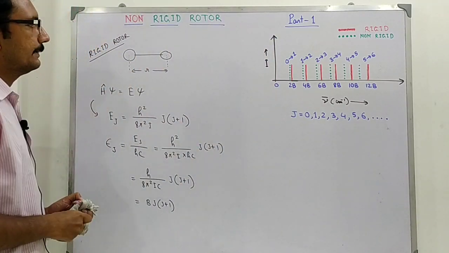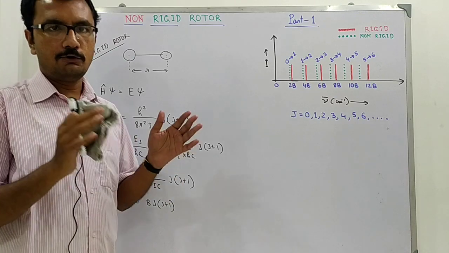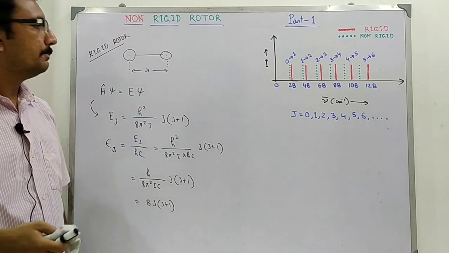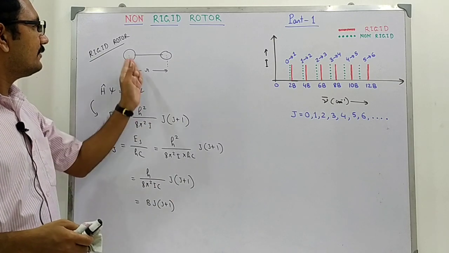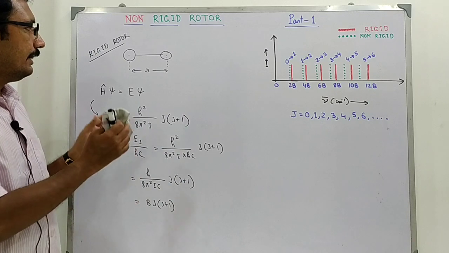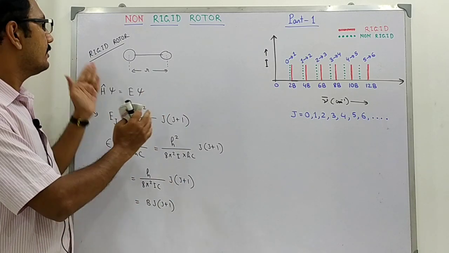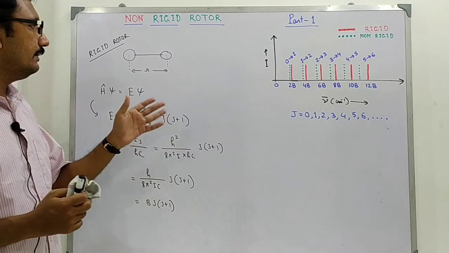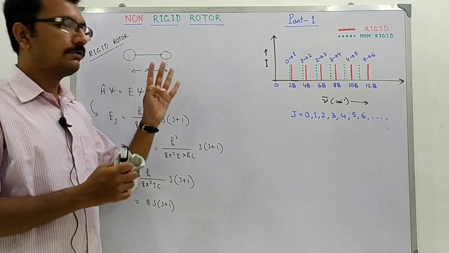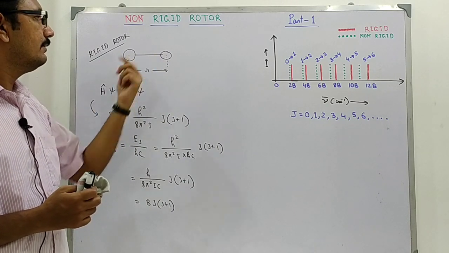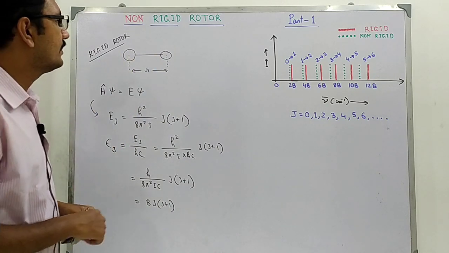Now do you think that a rotor will remain rigid while rotating? The distance between the two nuclei is considered to be constant in the case of a rigid rotor. That was an approximation. See, four forces are playing a role in maintaining this internuclear distance.